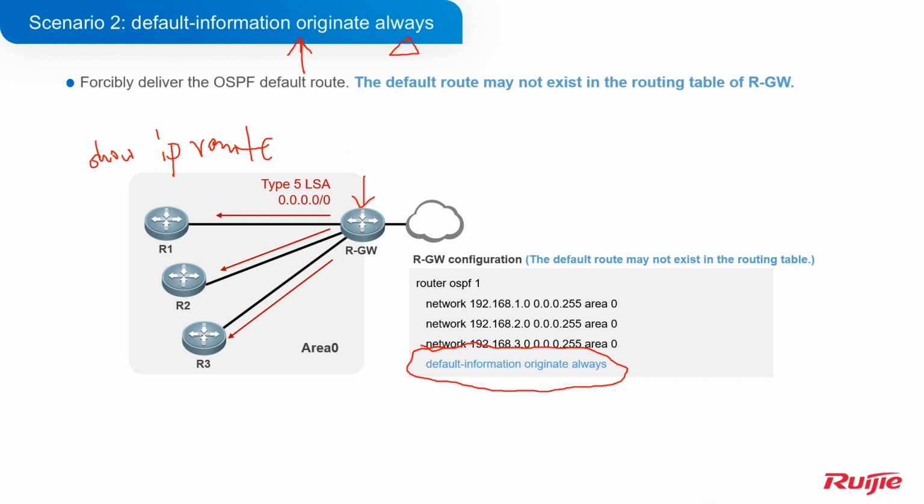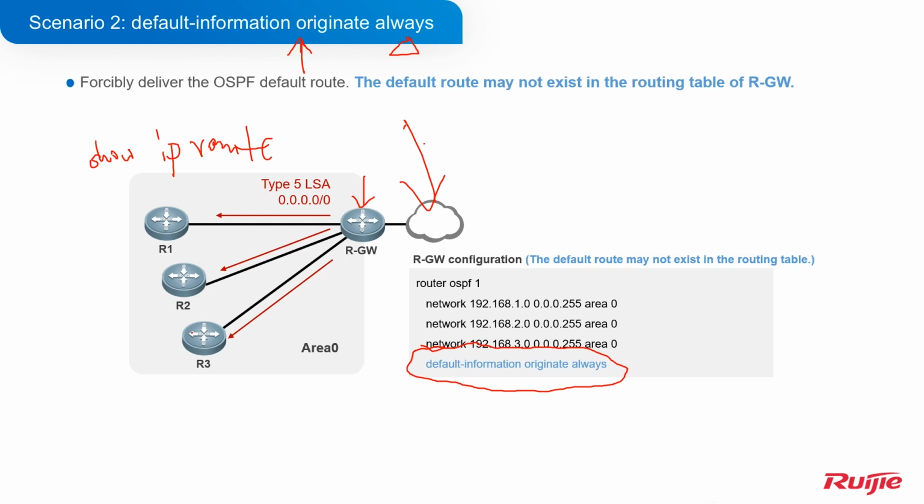On R1, R2, R3 we can see the default route, but if R1, R2, R3 want to access the external network, sometimes the communication will fail. So why? Because we use the default-information originate always command, whether or not the RTW has the default route. So it means maybe the RTW doesn't have this default route.